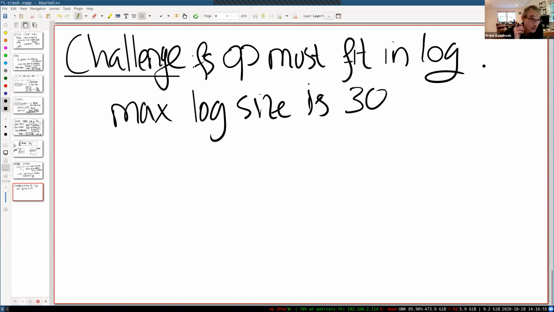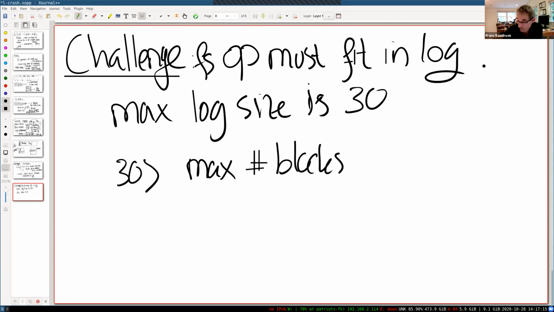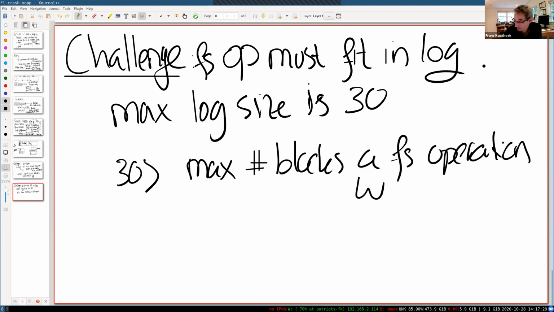Yeah, or another way to put it, what is the maximum number of blocks, correct, that a file system operation could write? And that is really what this number 30 has to be, definitely bigger than the max number of blocks a file system operation writes.